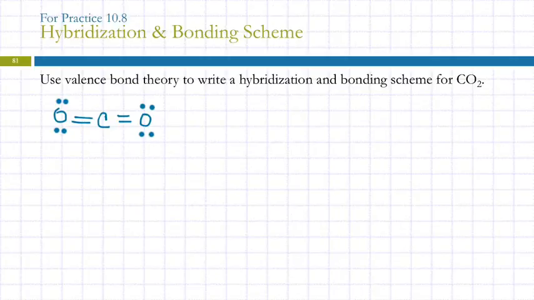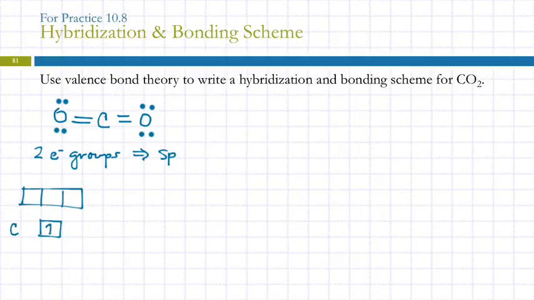How many electron groups on the carbon atom? Two. Very good. Two electron groups. So we get out our fingers: 1, 2, sp hybridization. So these are sp hybrid orbitals. For carbon, the unhybridized orbital diagram looks like that.